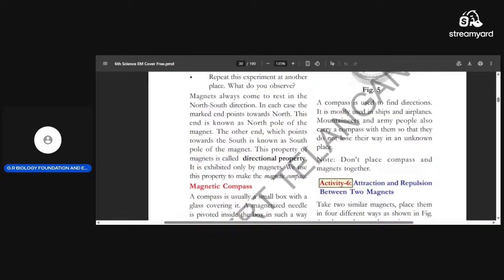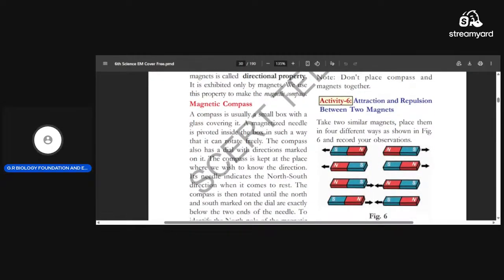Mostly ships, aeroplanes, mountaineers and army people, to know the direction of the place where they are. Do not forget, a compass and a magnet should not be placed together, because due to the other magnet the direction will change.